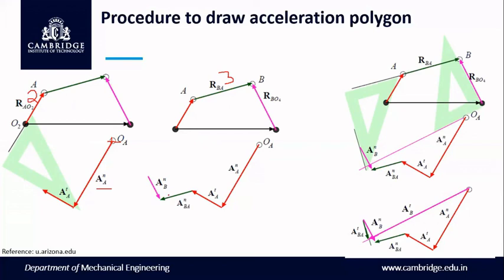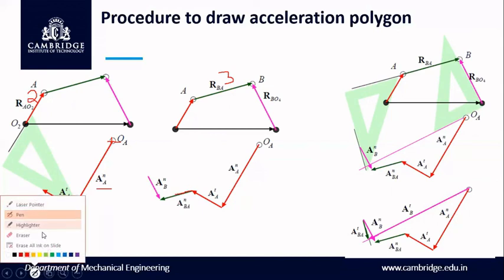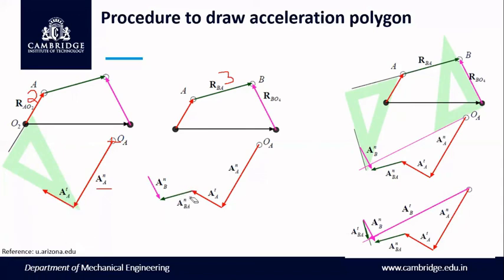So parallel to link 3, draw the normal component AB, sorry, the normal component of B with respect to A. Then the normal component of the acceleration of point B will also be known.